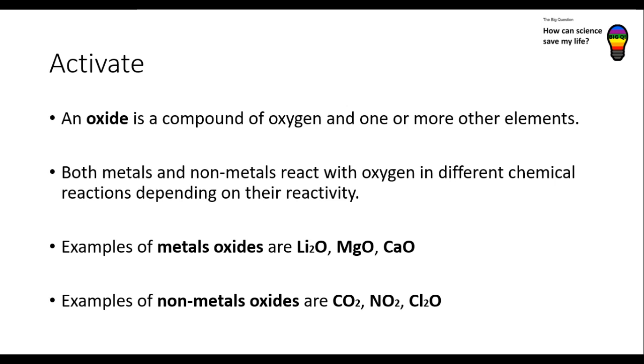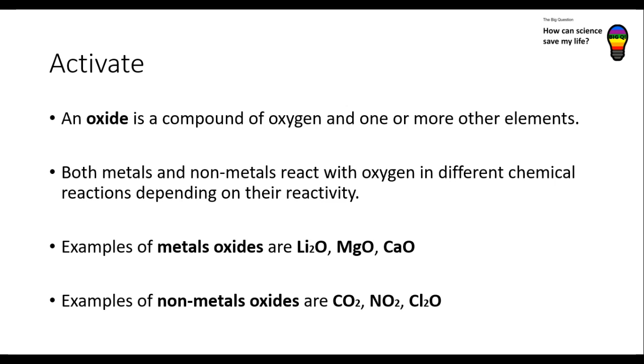So now that we talk about metals and non-metals, their chemical properties, we need to understand what metal and non-metal oxides are. So an oxide is a compound of oxygen with one or more elements. Both metals and non-metals react with oxygen in different chemical reactions depending on their activity.